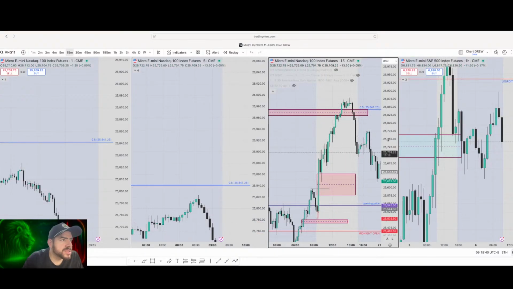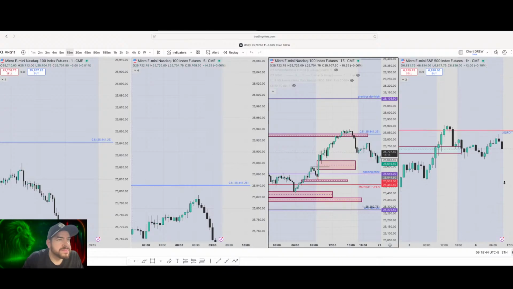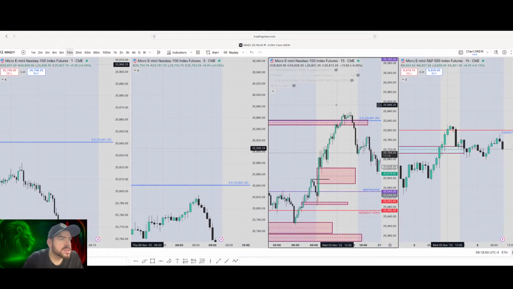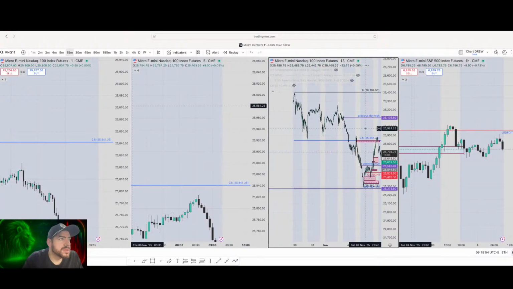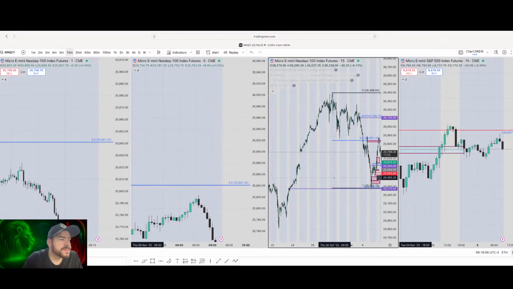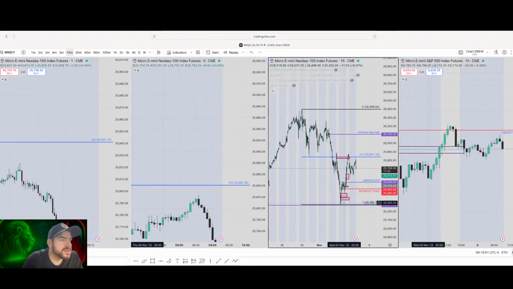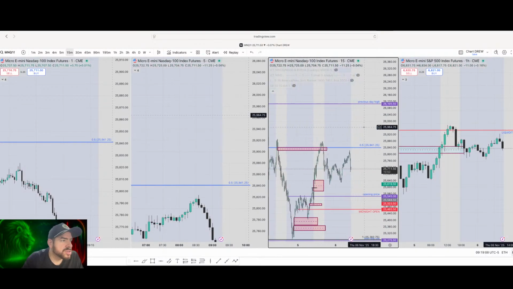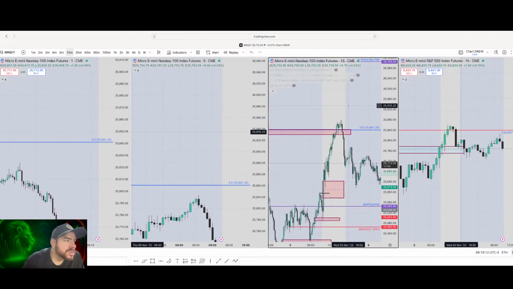That was just 50% of this range right here, from there to here. And we got the 50% of it, which is a good trade.